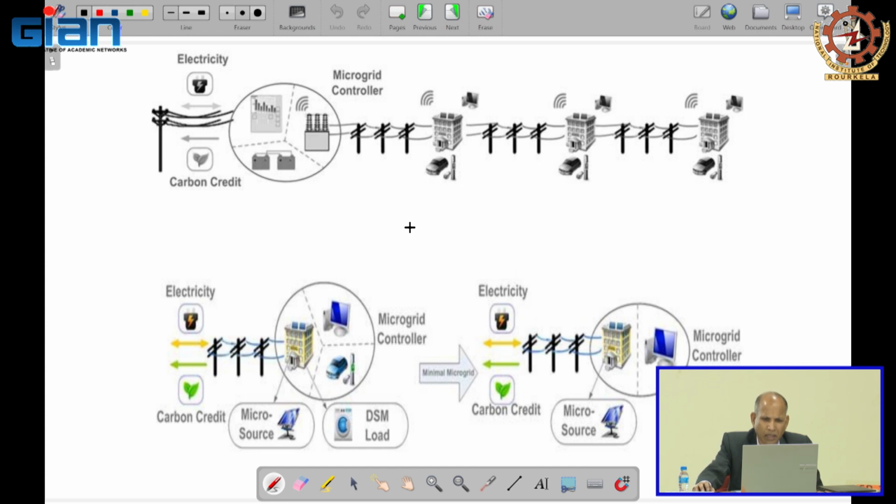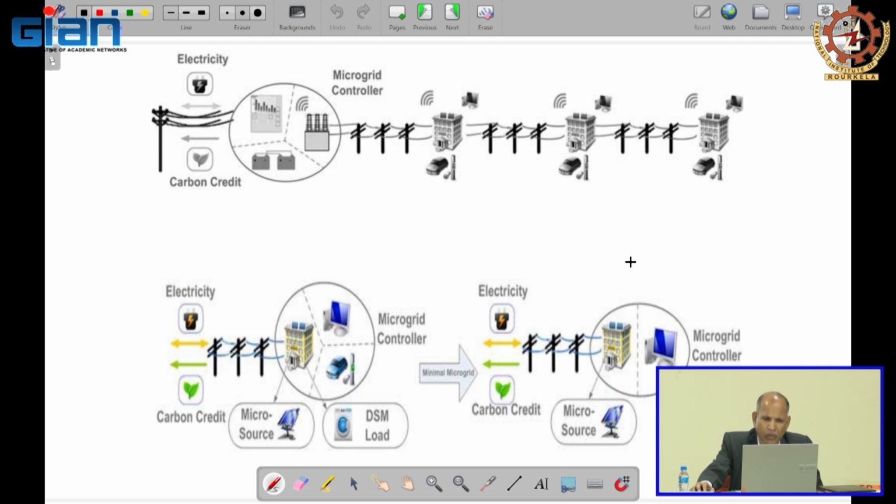Then it can have that low voltage feeder, say this feeder representing the microgrid, again comprising the sources and load.